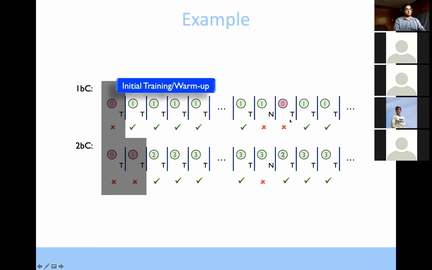So in this case up here, a 1-bit predictor will be wrong twice, whereas the 2-bit predictor will only be wrong once for that kind of a pattern.